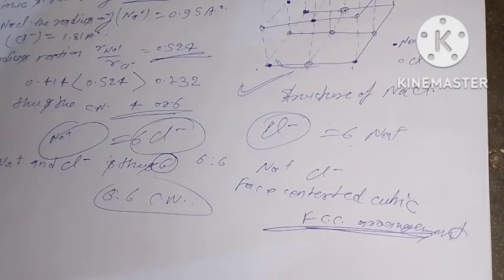The unit cell of sodium chloride has 4 sodium positive ions and 4 chlorine ions, which is calculated as follows.